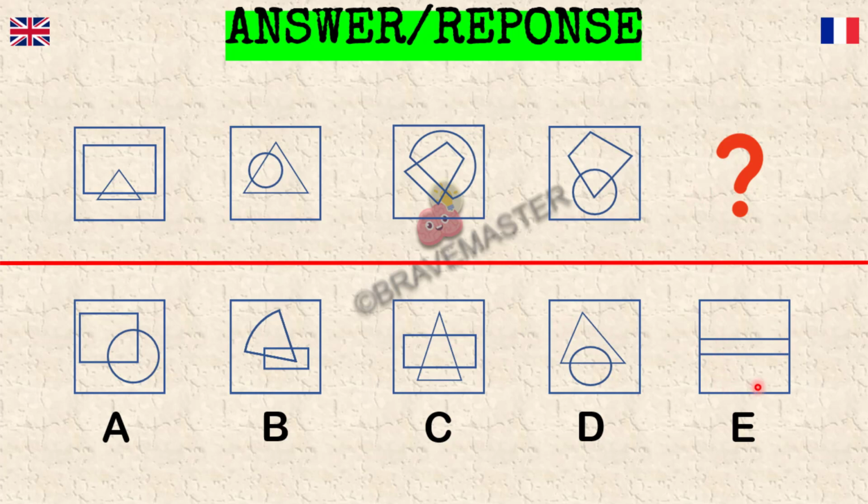So we can already safely eliminate this, same for this one, because this one is misleading. But here the sector is actually again an intersection, not a main shape. So B is what we are looking for.